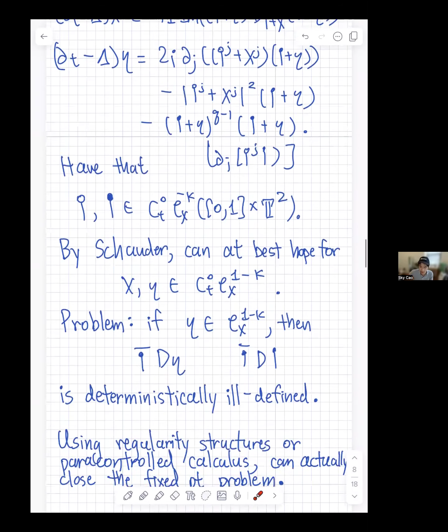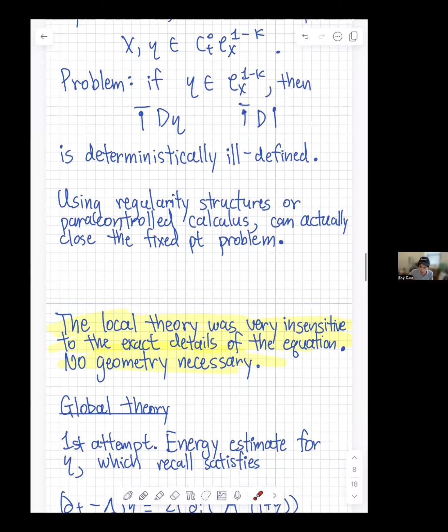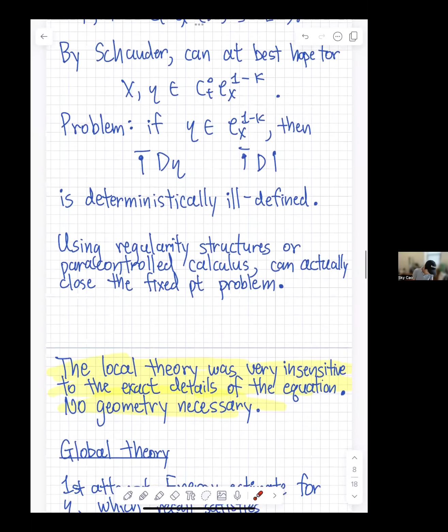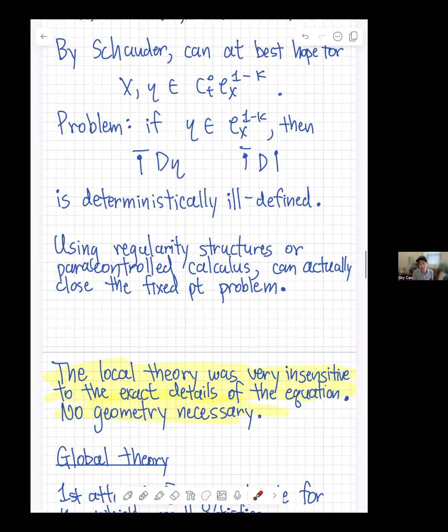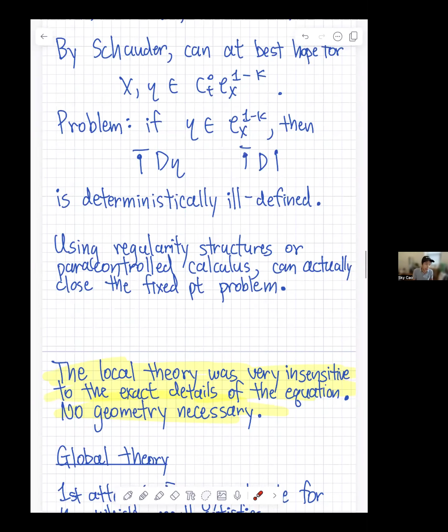Okay, so that's the local theory. And one point I want to make is that the local theory was very insensitive to the exact details of the equation. I could have changed the equation in some way, but as long as I have a nonlinearity that looks like phi d phi, any nonlinearity that looks like this, you're going to be able to handle by the exact same arguments in the A equation.